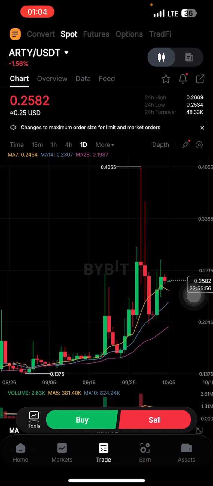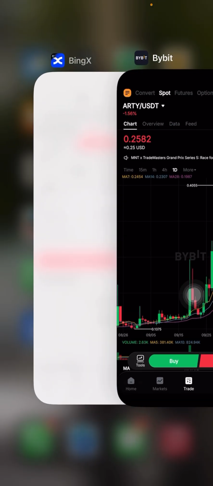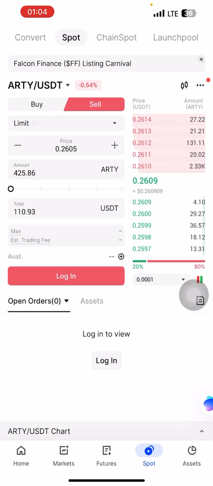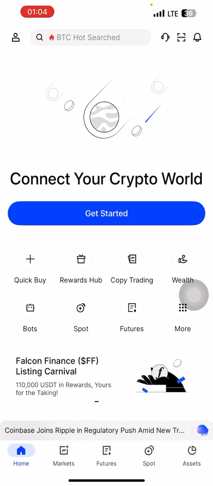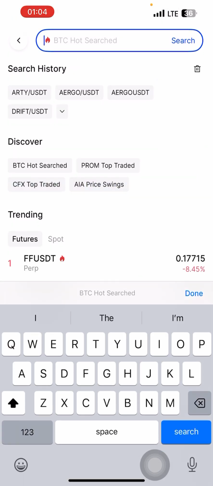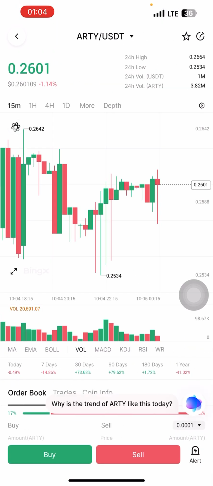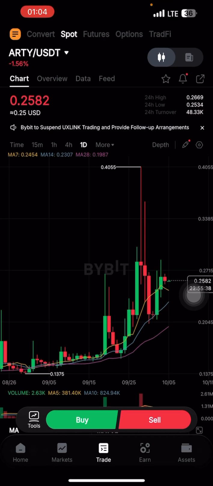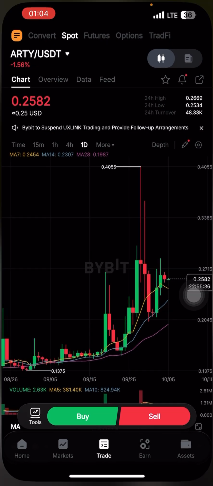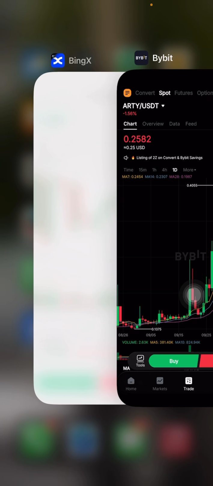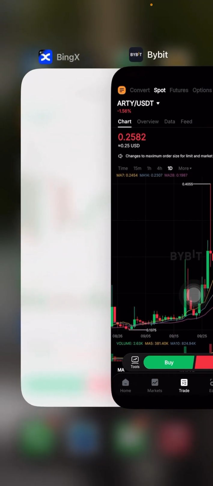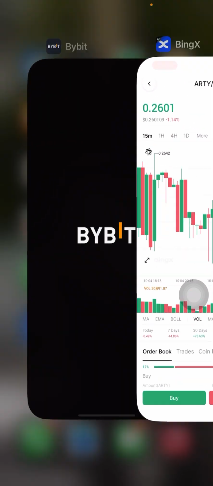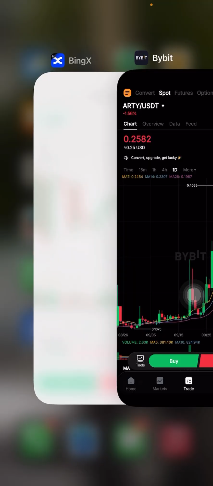Over here, on Bybit, ARTY is 0.2582, and on BingX, I'll come here and search for ARTY, it is 0.2601. You can see that there is a difference between them. It means that here is very cheap and here is higher, so I'll buy it from Bybit here and sell it over here.